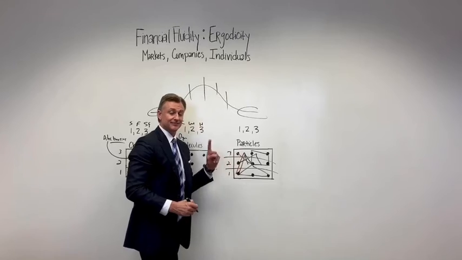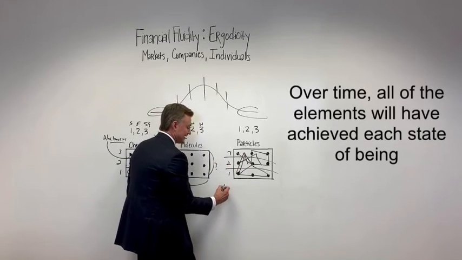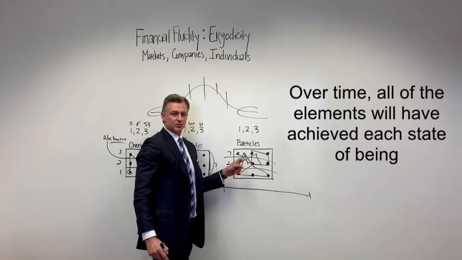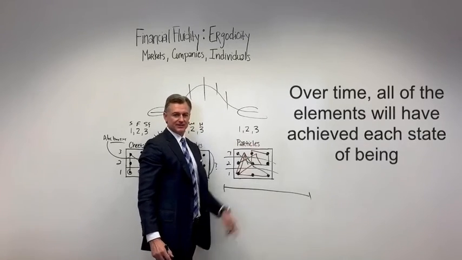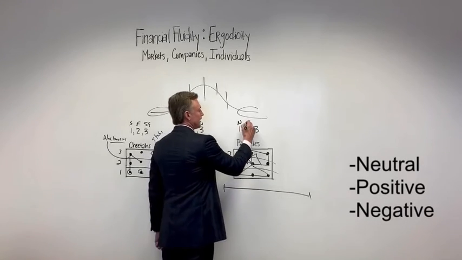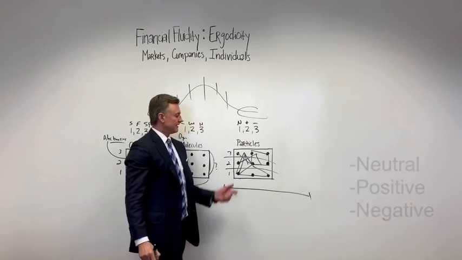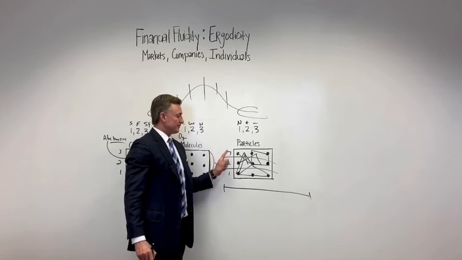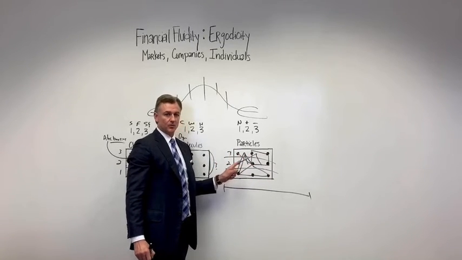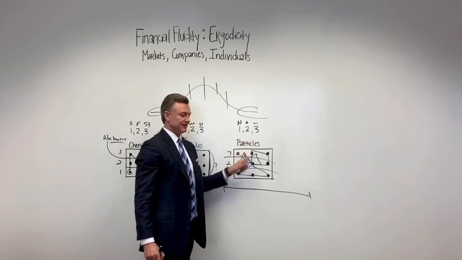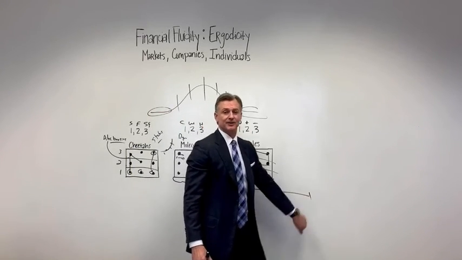But this is the key, over time, all of the elements will obtain each of the states of being. Let's just say this is particles, and a particle could be neutral charge, positive charge, or negative charge. Ergodic systems are ones where the elements of the system will at some point in time experience each of those states of being if they're given a long enough time period.